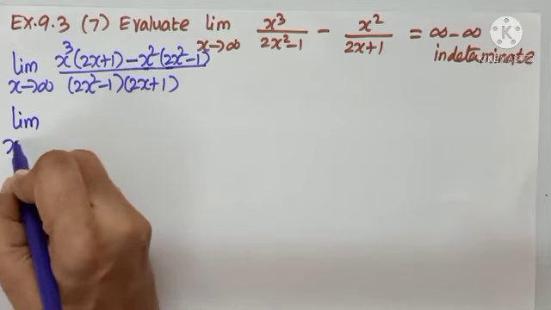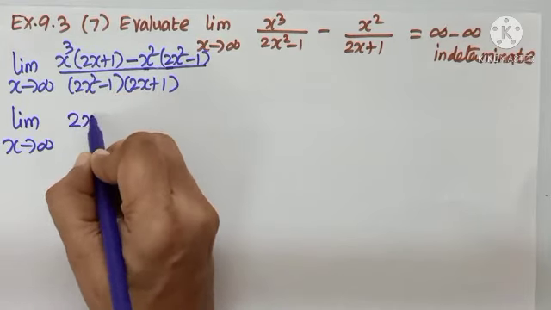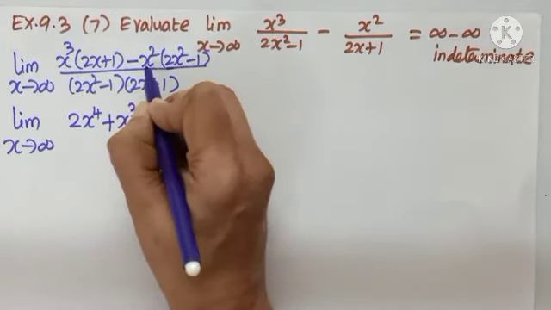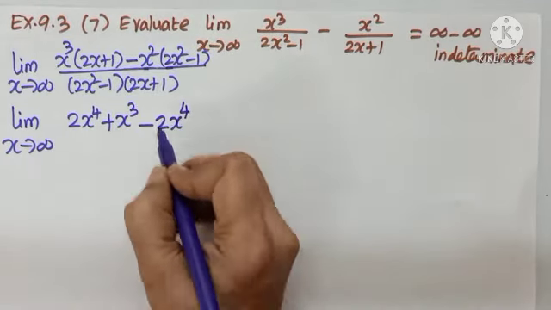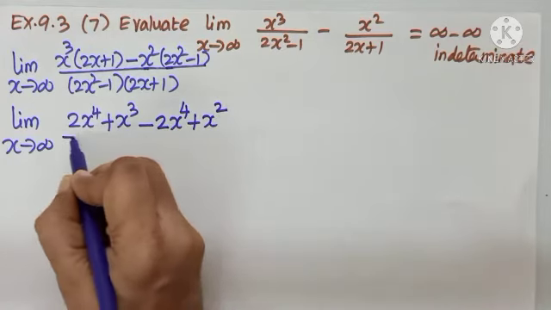Simplifying, limit x tends to infinity. In the numerator, x cube into 2x is 2x power 4, 1 into x cube is x cube, minus x square into 2x square is 2x power 4, minus x square into minus 1 is plus x square.